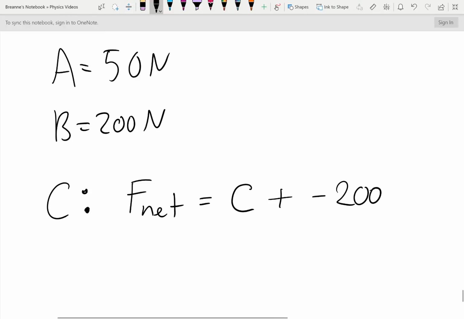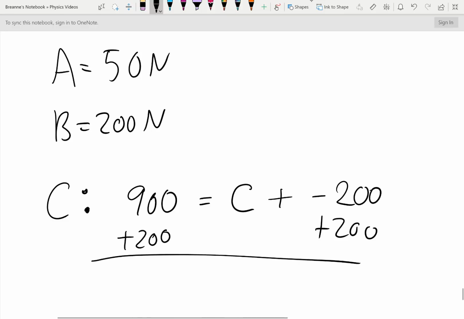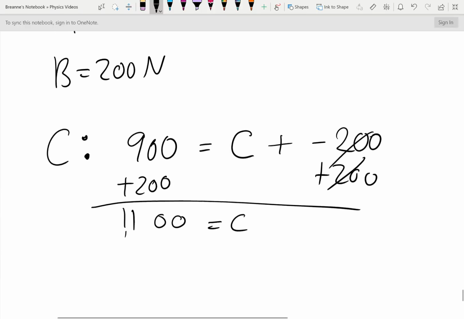Remember, 200 is negative because it's going down, so you have to take that direction into consideration. The net force is 900 up, so it's positive. To figure out what C is, just get C by itself. If it's being subtracted, the opposite of subtract is add. So your C has to be 1100 newtons.